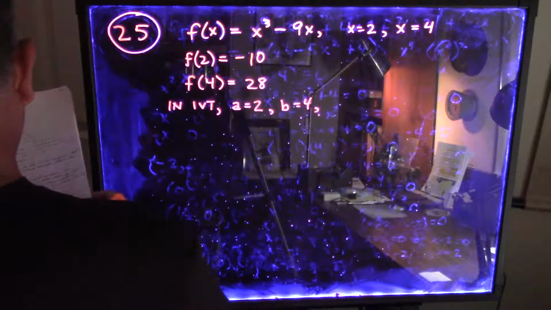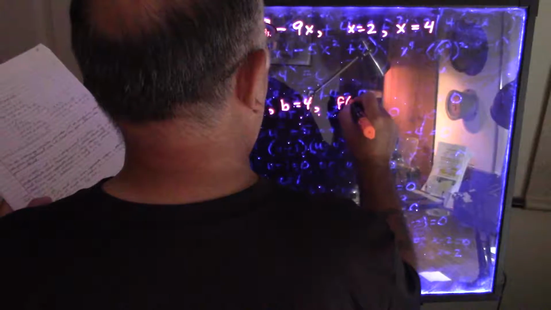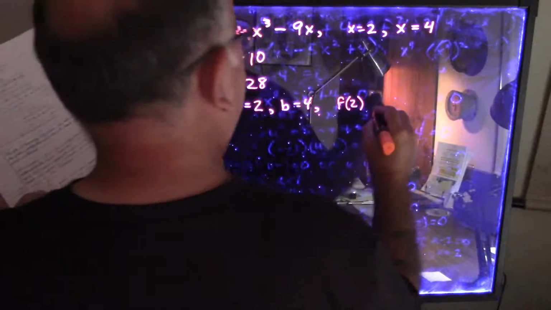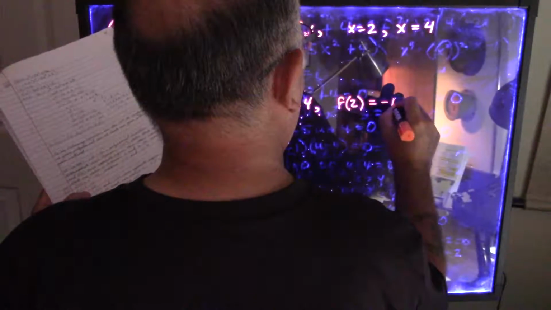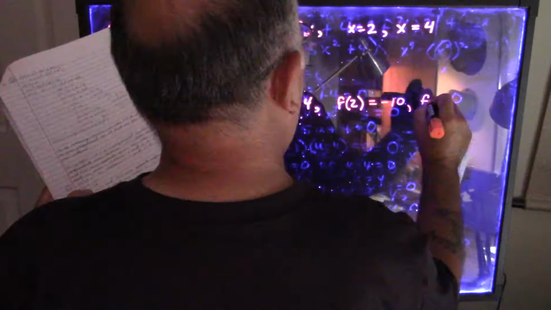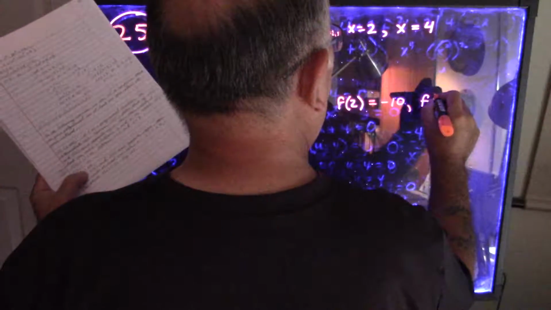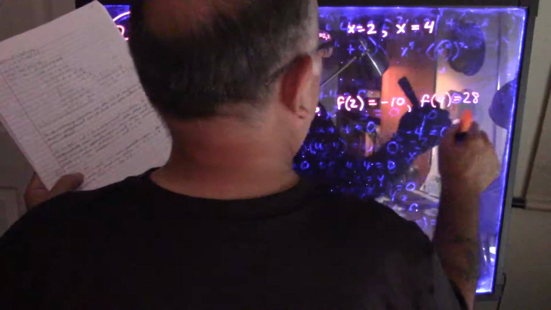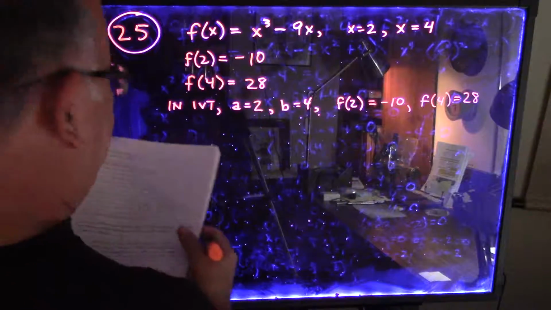And f of 2, that's f of a in the theorem, is negative 10, and f of b, or f of 4, is positive 28. So f of a and f of b have opposite signs.